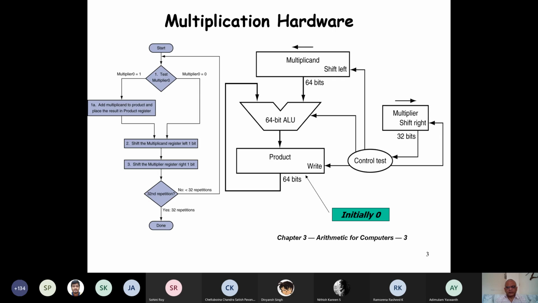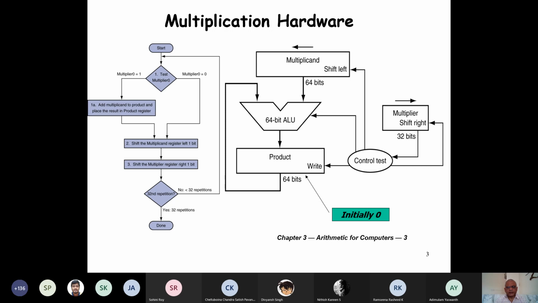And this is the flowchart representation given in the book. The same thing here, that initially the product is all 0, and test the least significant bit of the multiplier.